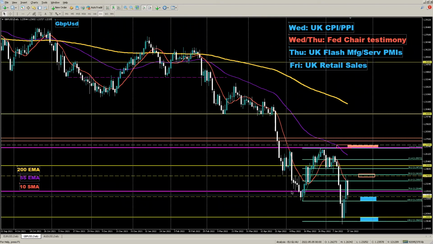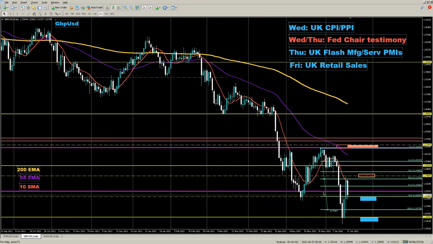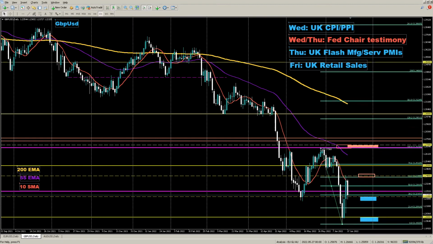All right, we could also change and move this fib to the current swing move down, and it did climb back up to the 62 fib retracement, right next to the 124. So we can adjust this slightly.